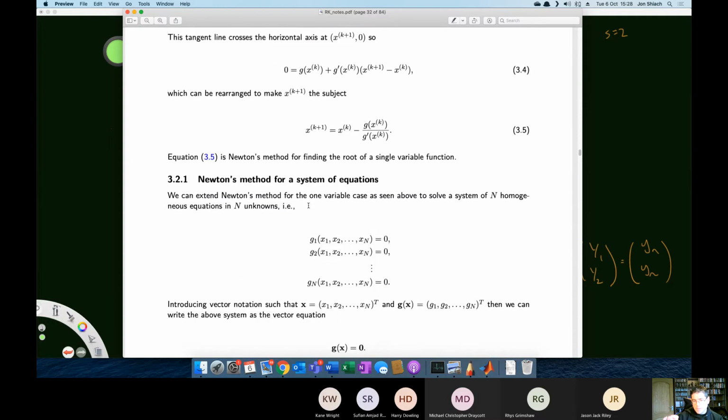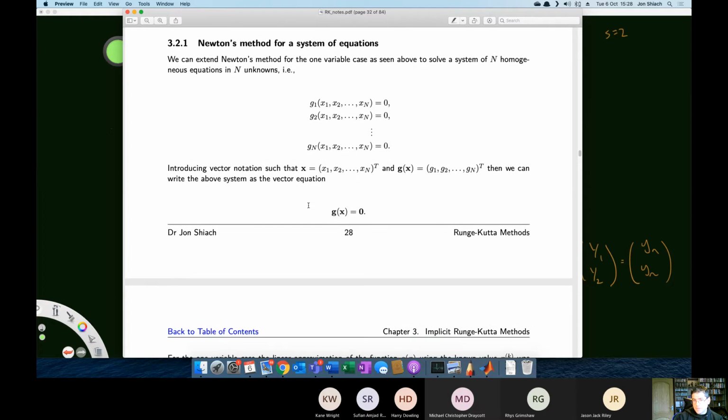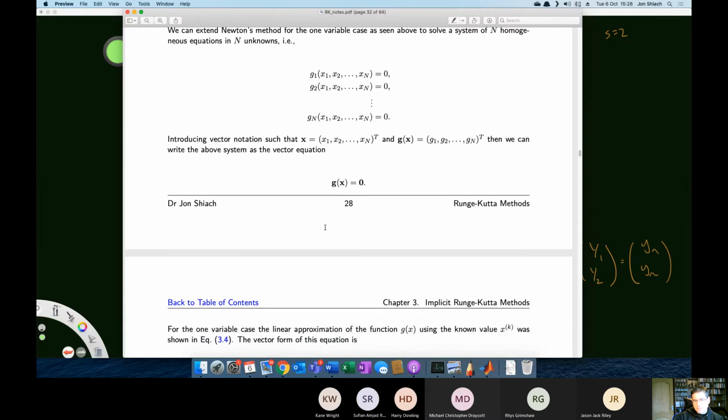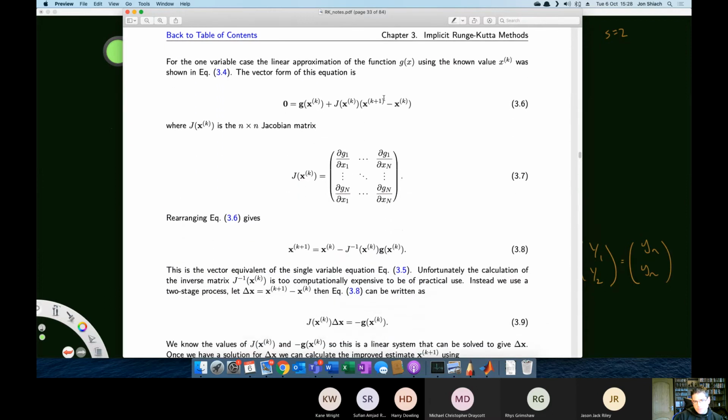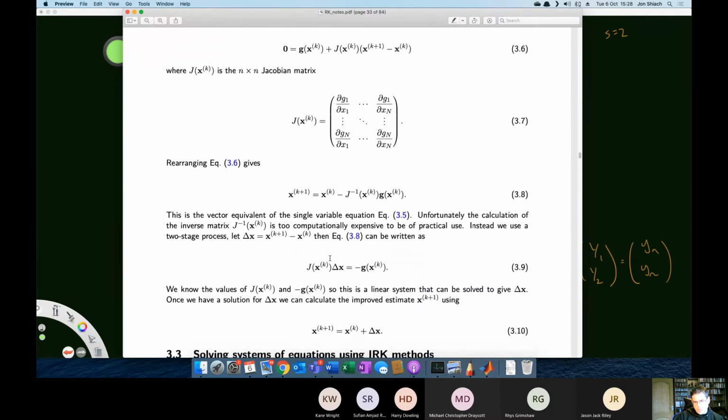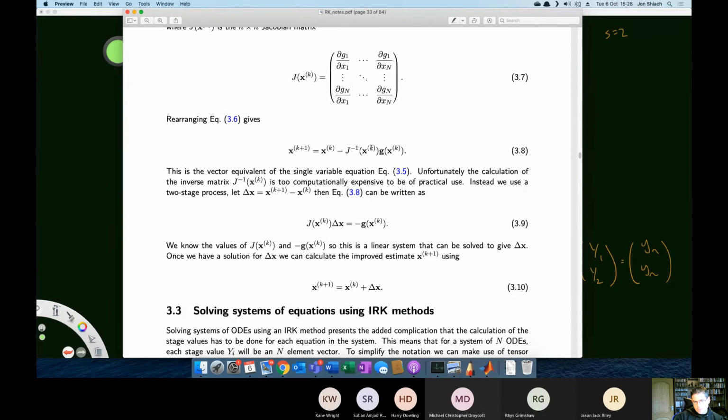Well, we need to use that for a system of equations. So if we have multiple functions g of multiple variables, x1, x2, etc., the equivalent form of Newton's method is this.